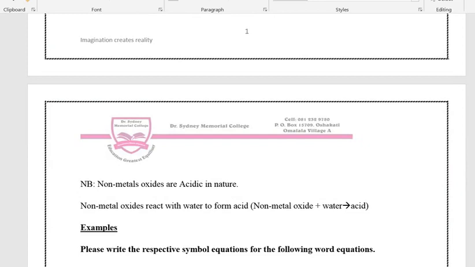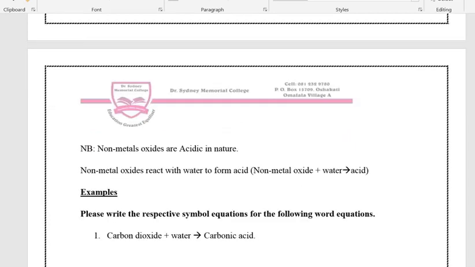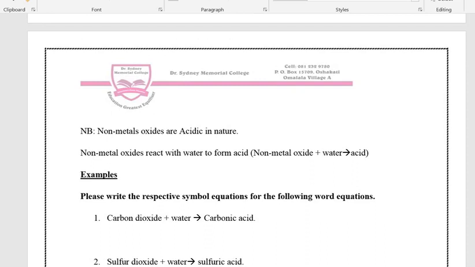Respective simply means that if you have copper, iron, or calcium reacting with oxygen, they form iron oxide, copper oxide, whether copper 2 oxide or copper 1 oxide, or calcium oxide. That's how nonmetals react with oxygen to form acidic oxides.